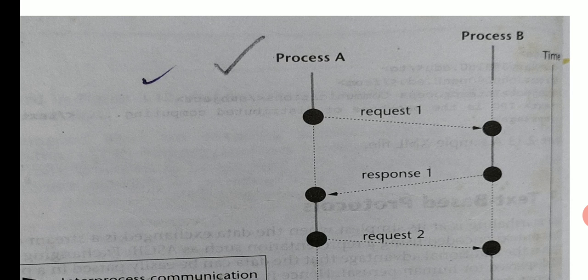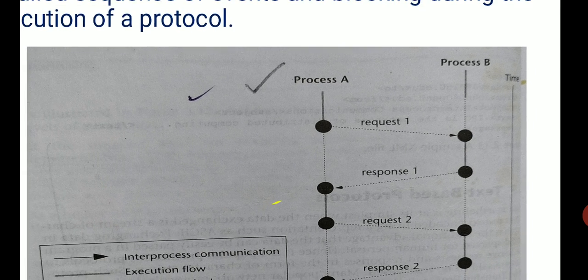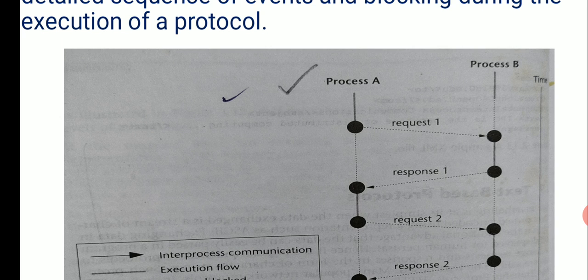So first process A issues a non-blocking send operation because the process is active here, isn't it? Initially it is active. Initially process A issues a non-blocking send operation, and then subsequently a blocking receive operation in anticipation of process B's response. Okay. The arrival of request 1 reactivates process B. See, process B is blocked here.